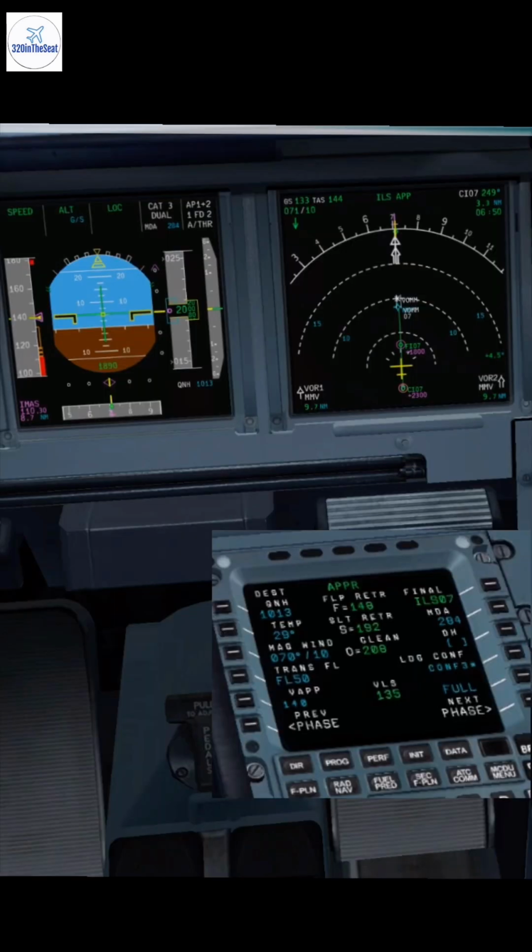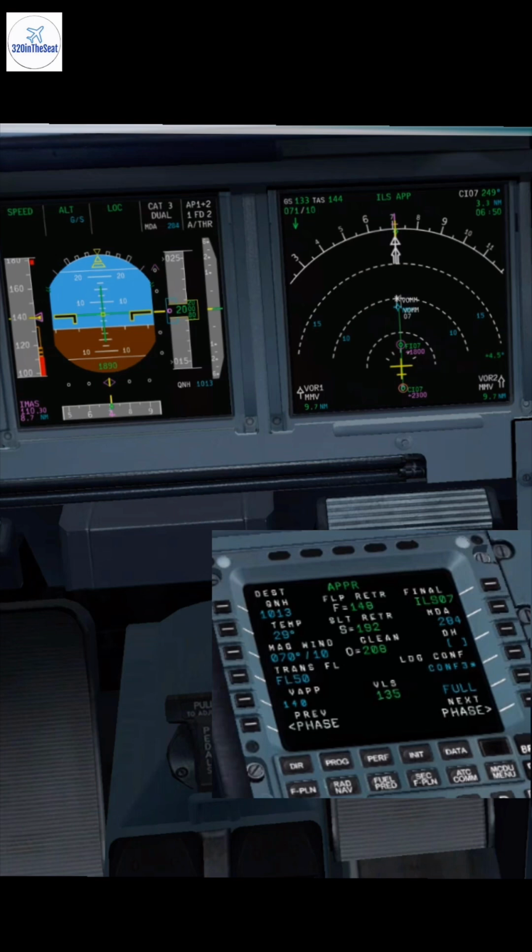So here we are back in the cockpit in the same scenario that we've been discussing all along. V approach is 140, tower reported and current headwind component is 10 knots, shooting an approach into runway 07.